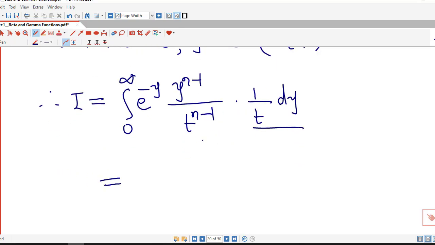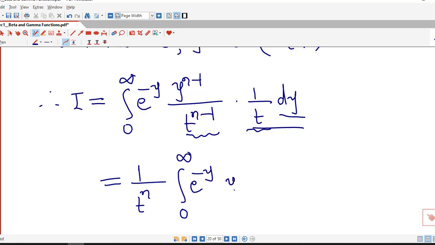So now, integration is with respect to y, and this gives t raised to n minus 1 plus 1, that is t raised to n, and t raised to n is independent of y, so we take it outside the integral. This is 0 to infinity e raised to minus y, y raised to n minus 1 dy.